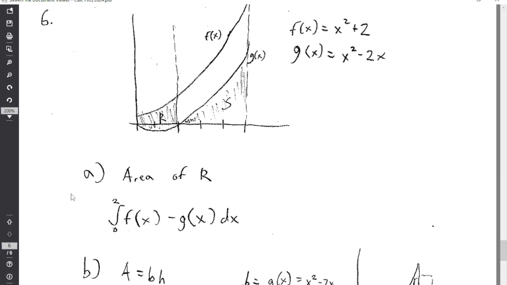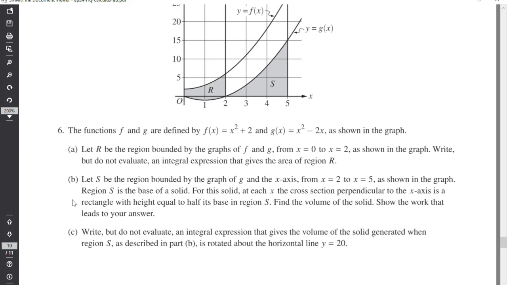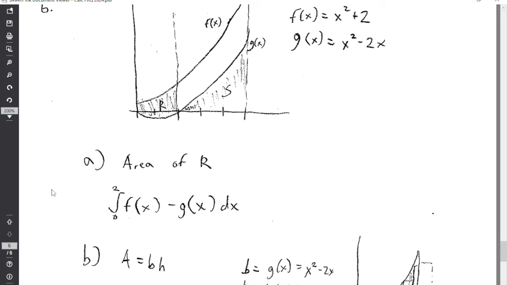Then in part B, we have a cross-section question. We have our cross-section being rectangles where the height is half of the base. So when we find that volume, again, we have top curve minus bottom curve, but here the top curve is g of x and the bottom curve is 0.